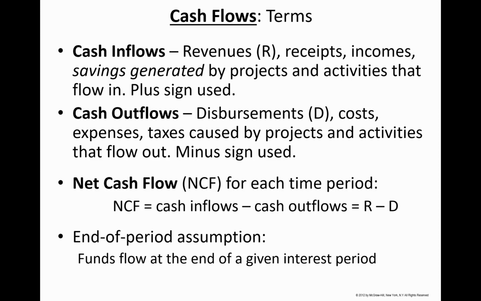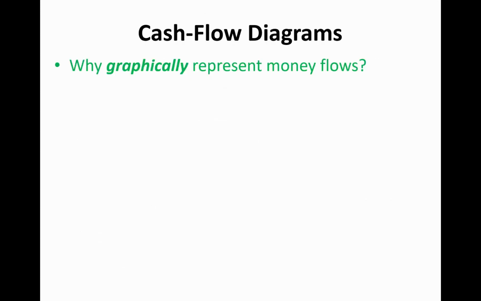Or if it's monthly, you assume that you get all of your transactions posted, so to speak, at the end of the period. That's the default assumption in Excel as well. When we start to learn certain pre-existing formulas that are built into Excel, the default assumption is the end of period assumption. We can override that in the formulas and tell it to assume that the revenue comes at the beginning of the period. But by far the more common approach, also in the real world, is that you get paid after doing the work.